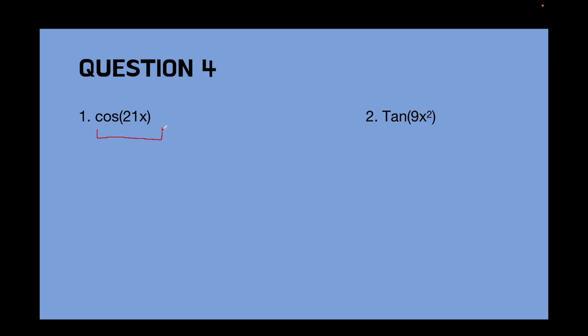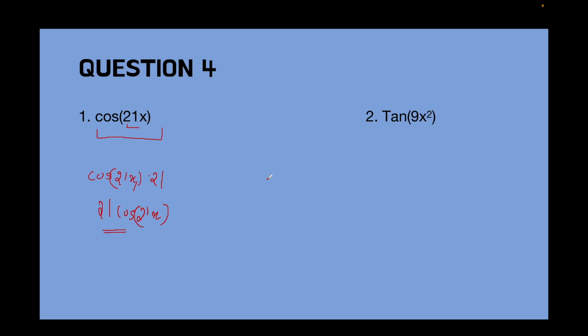Differentiation of cos of nx, sin of nx: just differentiate this function, and whatever number is beside x, which is only for x power 1, multiply it. So it is 21 cos 21x. Okay.